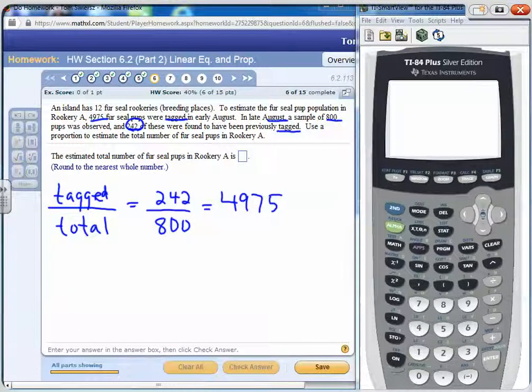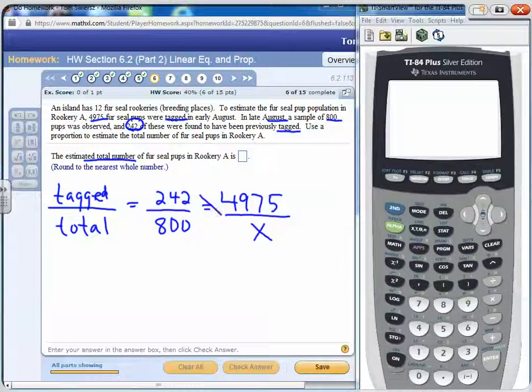And then the total we don't know, so that's what we'll call x. Setting up this proportion will give us an estimated total number: tagged over total, and tagged at the beginning over all of them, so this will give us the total in all the breeding places.